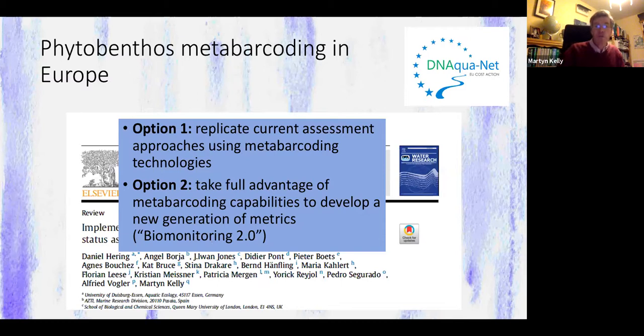We had some discussions in Europe, again, across all organism groups and across different water body types, about the pros and cons of Biomonitoring 2.0. We came up with the general consensus that maybe we should start with a less ambitious objective, and in particular try and understand how metabarcoding outputs relate to the data with which we are already familiar.